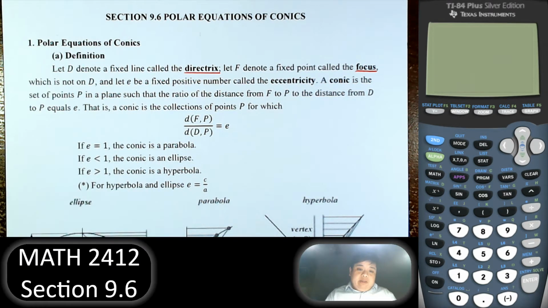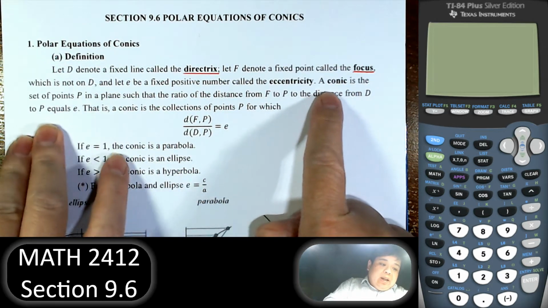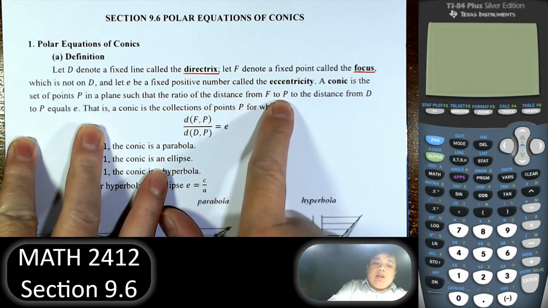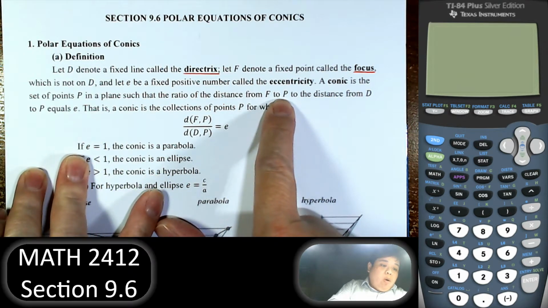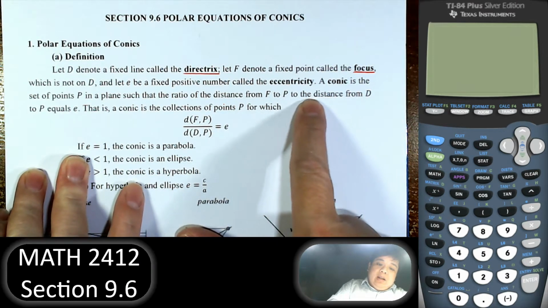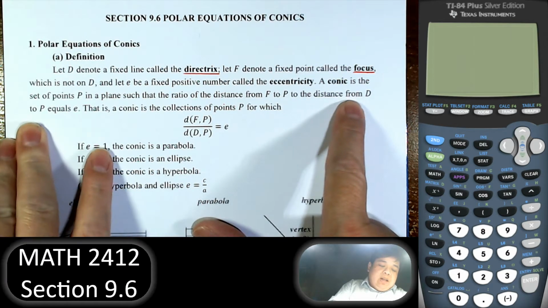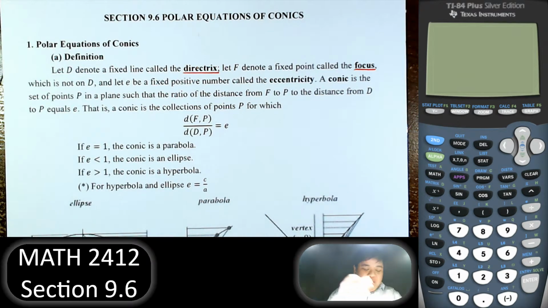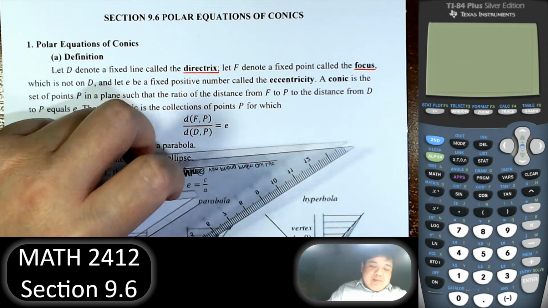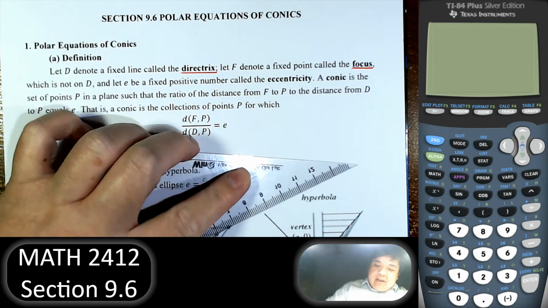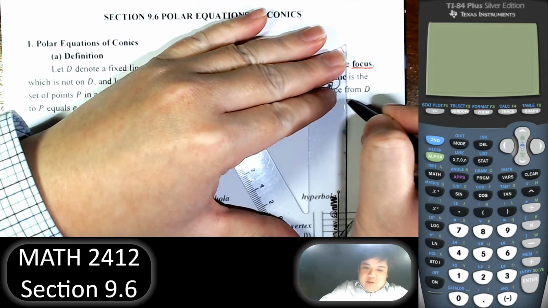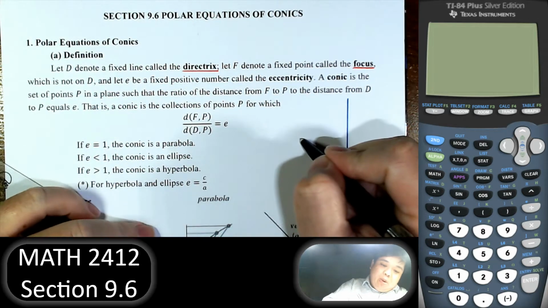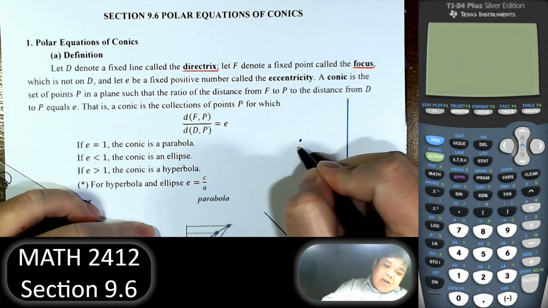A conic is the set of points such that the ratio of the distance from the focus F to a point P, to the distance from the directrix D to P, is equal to e. If we have a line, it's called the directrix, and the point is the focus.